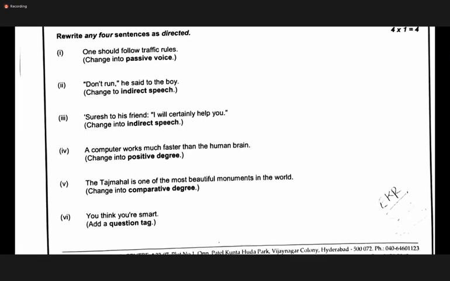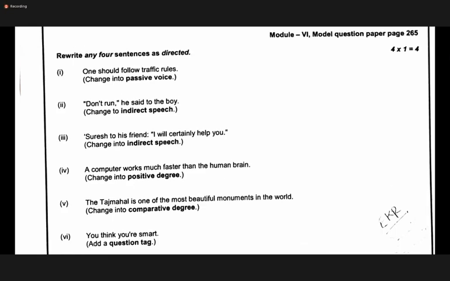First one. One should follow traffic rules. Change into passive voice. First, do this one. Traffic rules should be followed by them. Right. So the main thing is, the sentence is in active voice. You're asked to change it into passive voice, right?